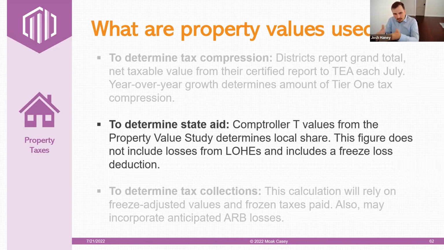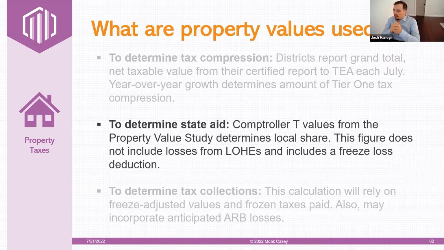We're going to mostly focus on T2, because that's what's going to drive your M&O funding, at least the bulk of it. And then I'll go through a little bit on how to convert that to a T8, which is going to be what's used on the INS side, and answer any questions y'all might have on that.